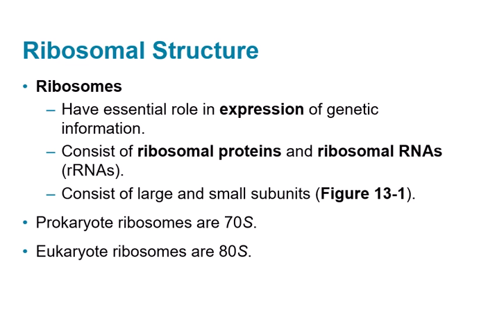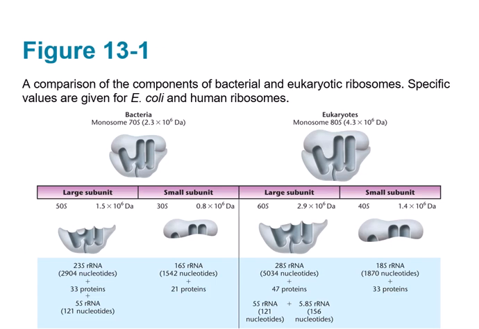There are differences between prokaryotes and eukaryotes, and the difference is not in the nature of the proteins or the RNA molecules. The general difference is the size and the number of RNA molecules that make those ribosomes. So these are the differences here.